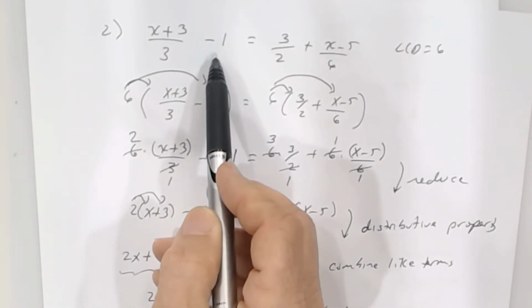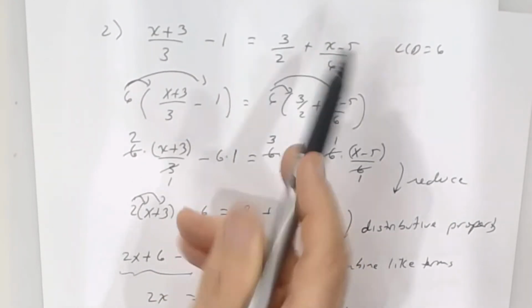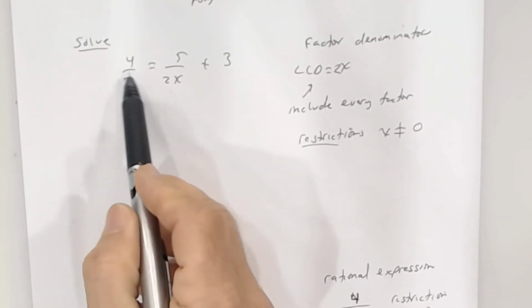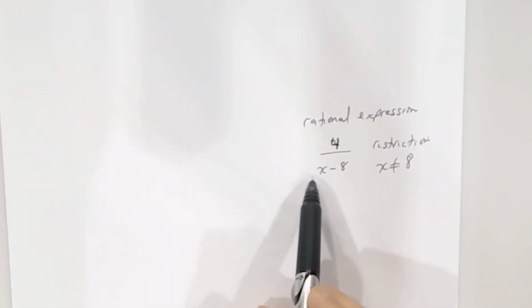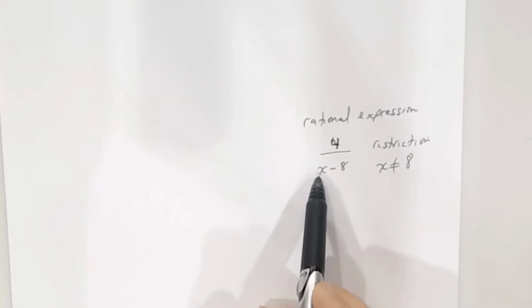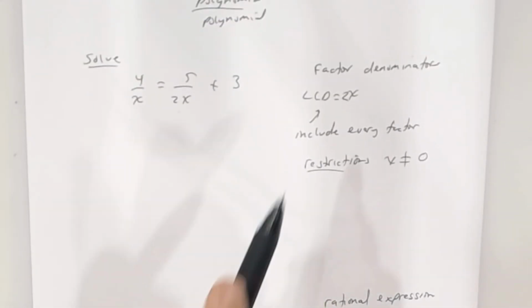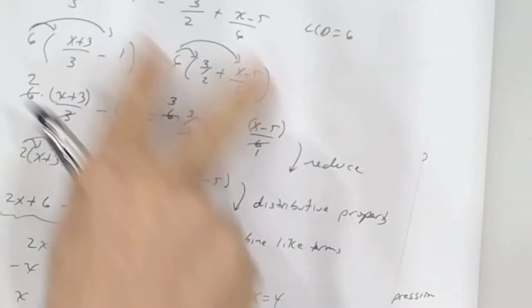No, it's 1. This denominator is 2. This denominator is 6. Is this denominator ever going to be 0? Yes, when x is 0. Is this denominator ever going to be 0? Yes, when x is 8. All right, once you find your LCD, everything else is like you did this.